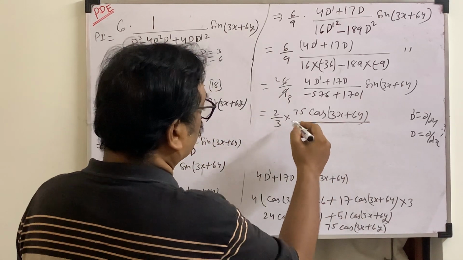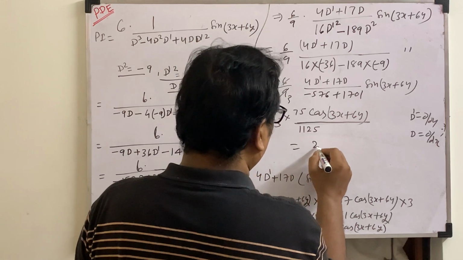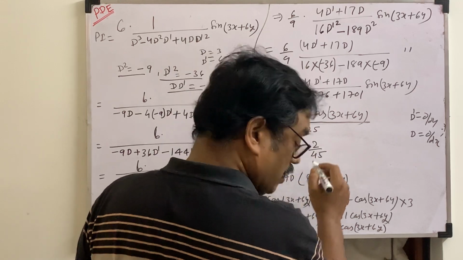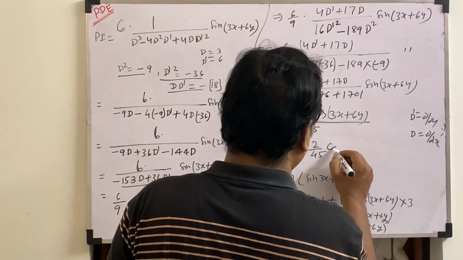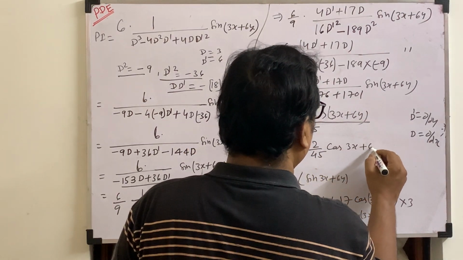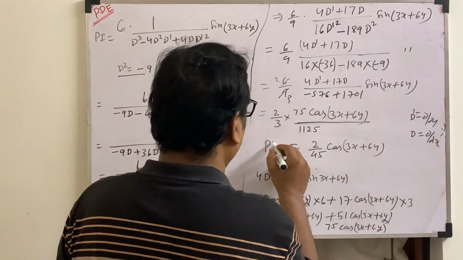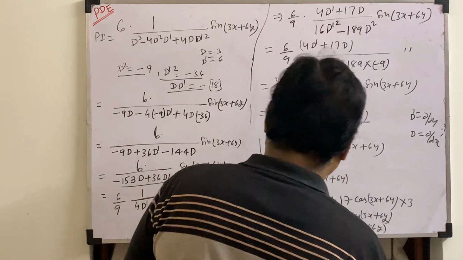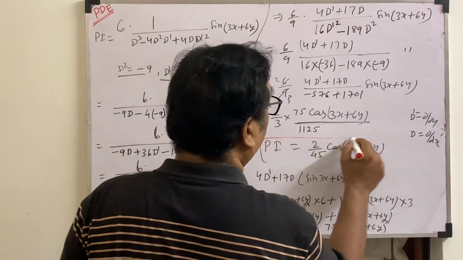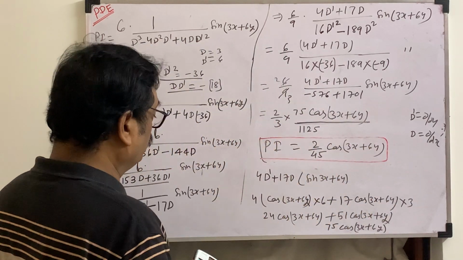If you solve this, you get 2 by 45 cos 3x plus 6y. This is called the final particular integral.